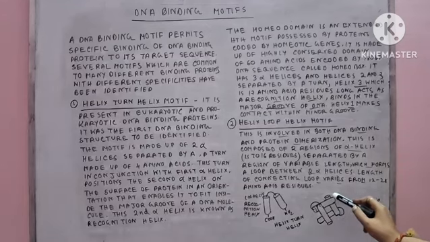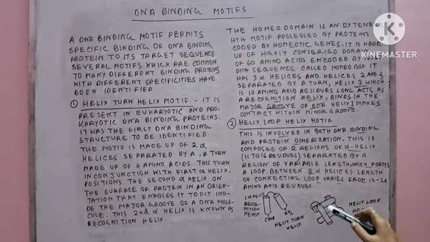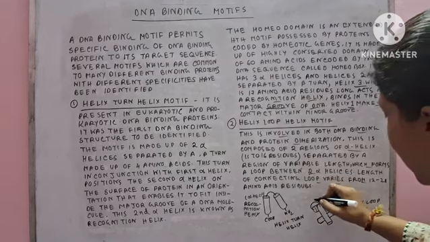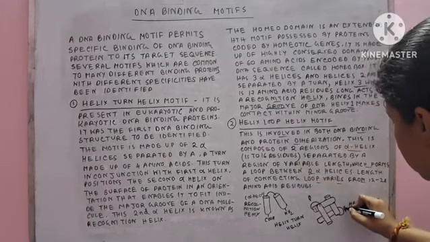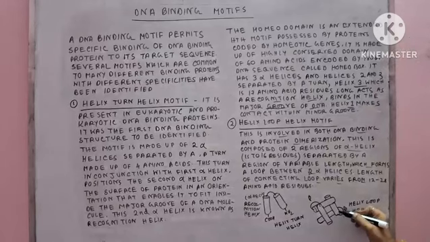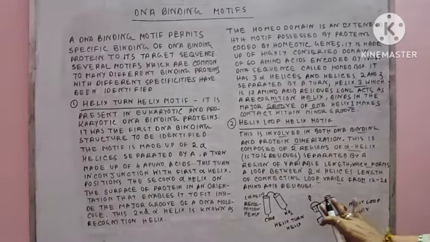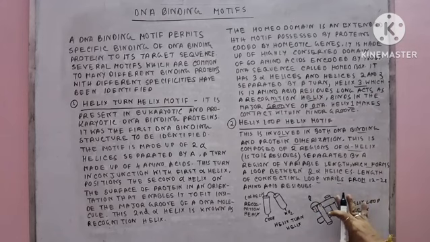You can see that it makes a loop with each other. It is the beta turn which is attached with this one and this one, and this is another beta turn, attached with this one and this one. Clear? So they remain in such a way that they form a loop.